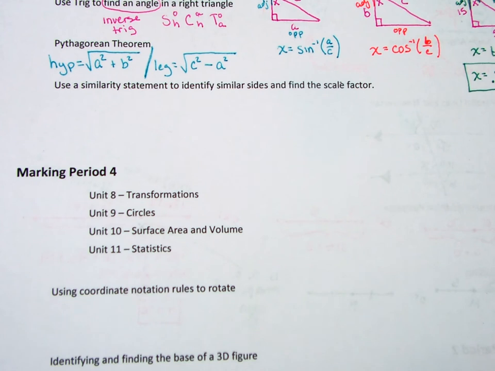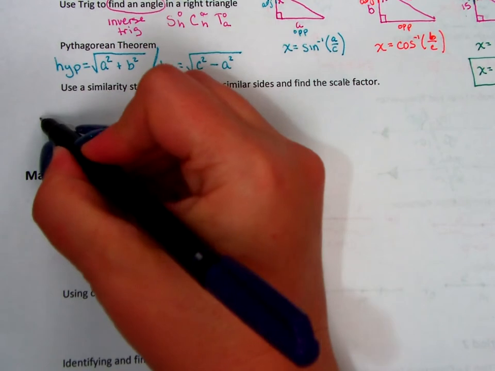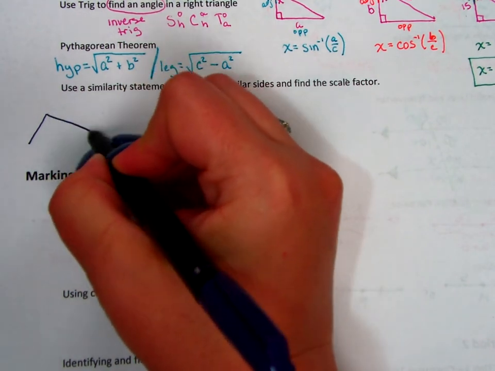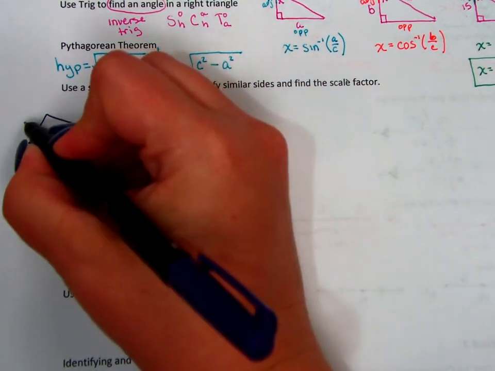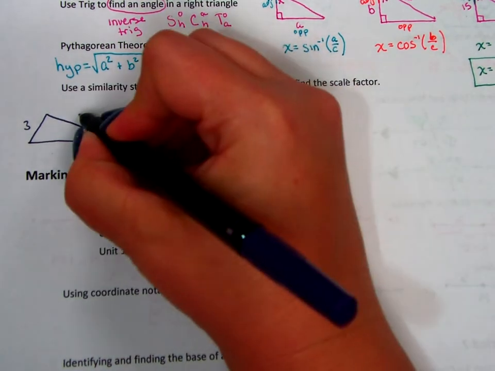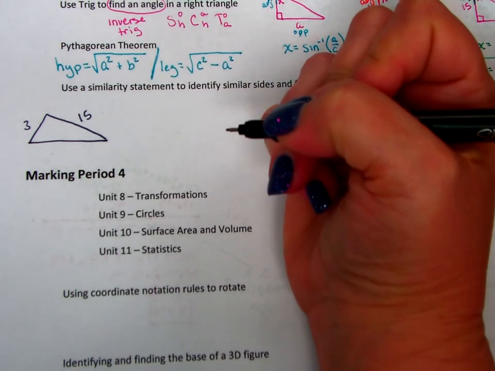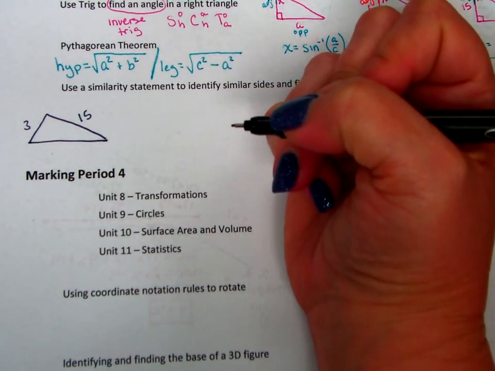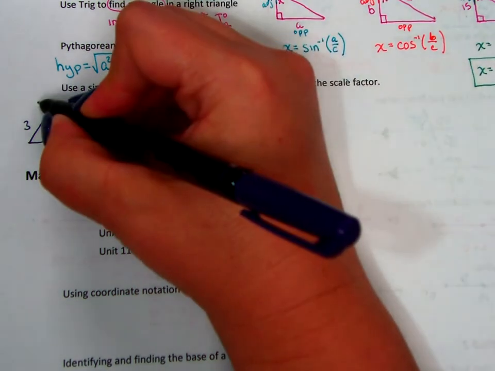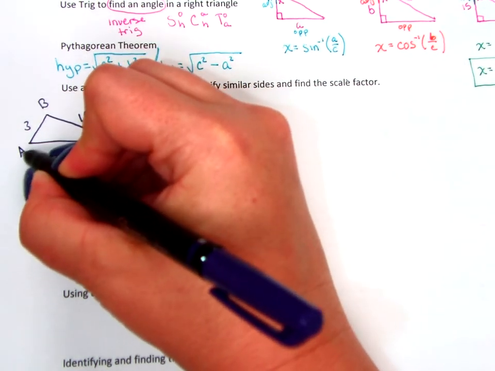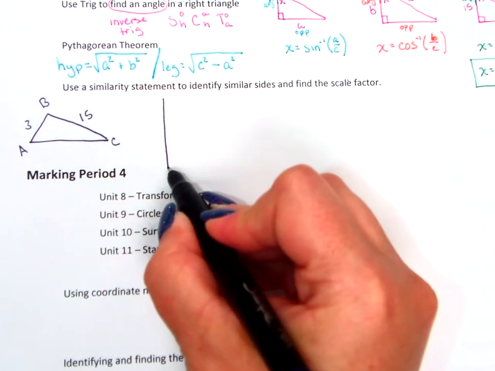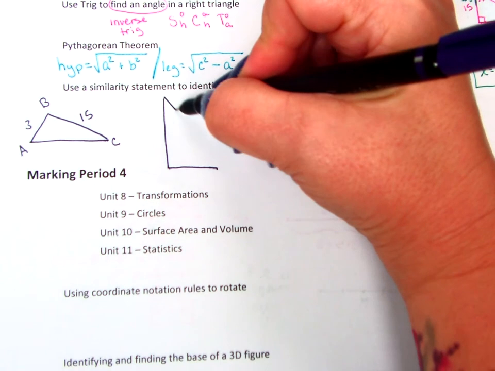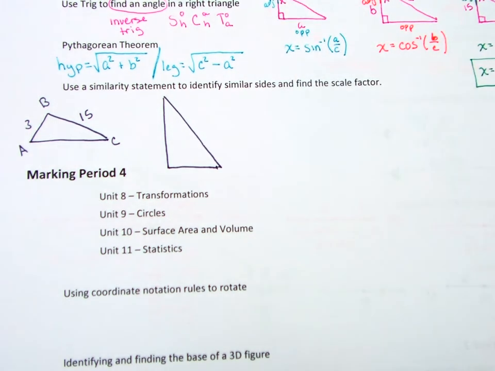Alright, the next one, use a similarity statement to identify similar sides and to find a scale factor. Okay, so let's say I have two triangles because they're easy to work with. And one looks like this, where I know this piece is 3 and this piece is 15. And then B, A, C. And then let's say I have another triangle here.